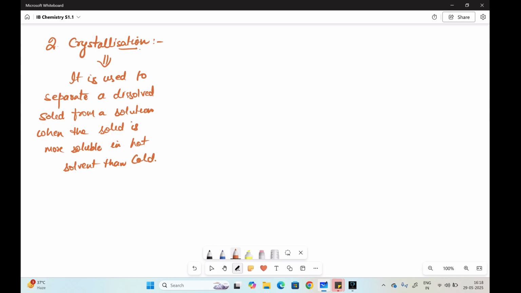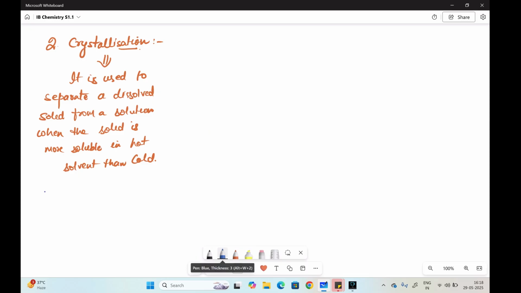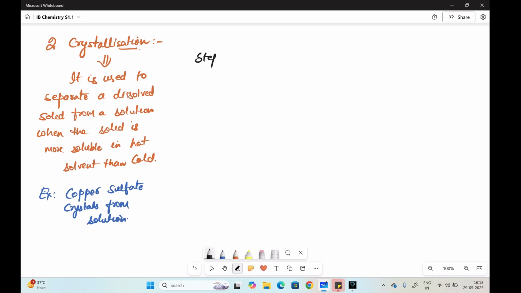An example where we can use this is copper sulfate crystals from solution, right? Very simple steps are there for crystallization. So what are the steps here? Let's see the steps.